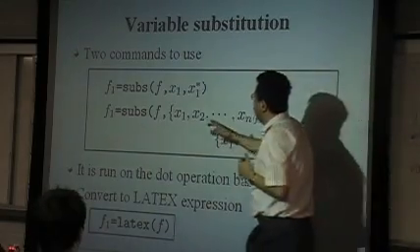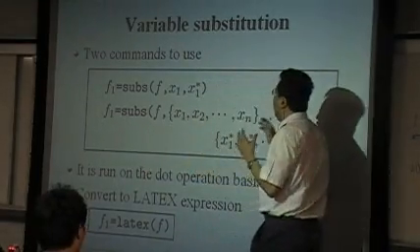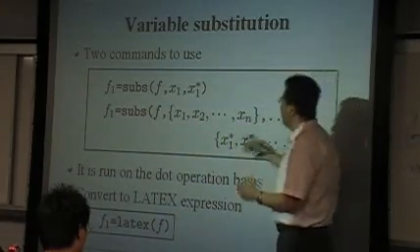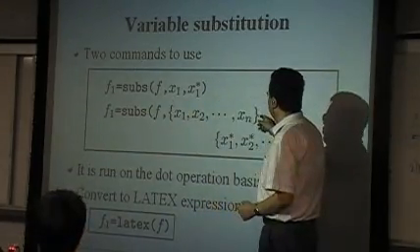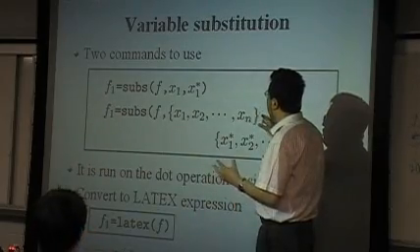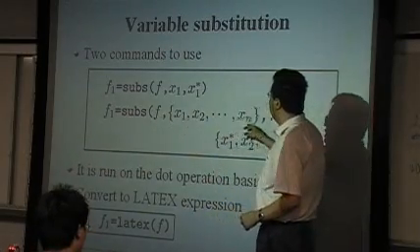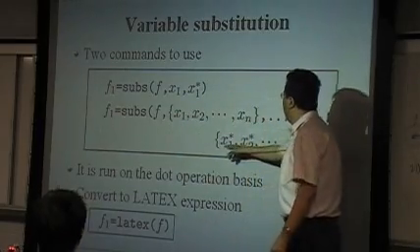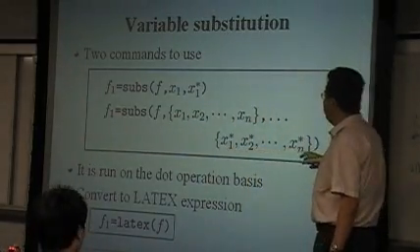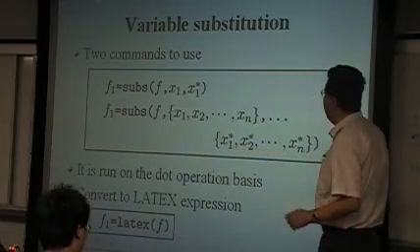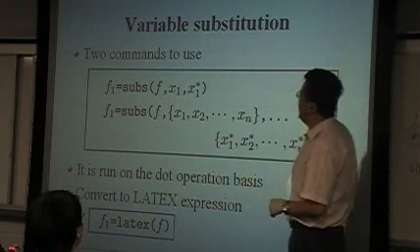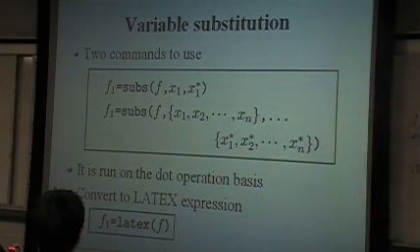And if you want to substitute a few variables at the same time, what you need to do is to group the ones to be substituted by brackets, and then group the new objects by another bracket, which means that you can perform substitution at the same time. So these are quite different.